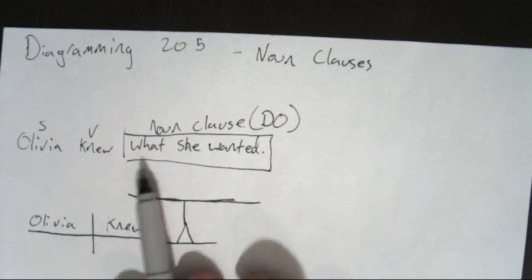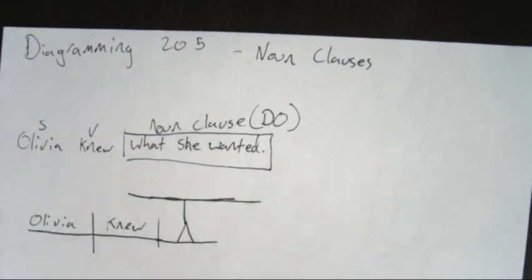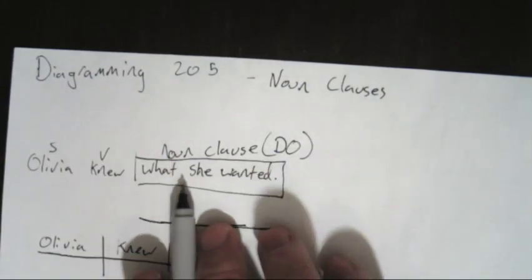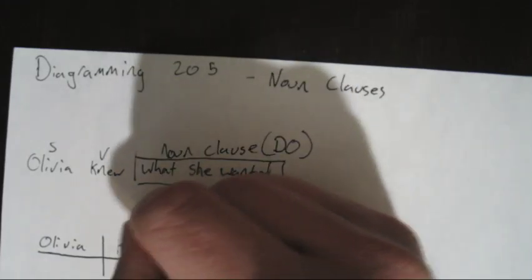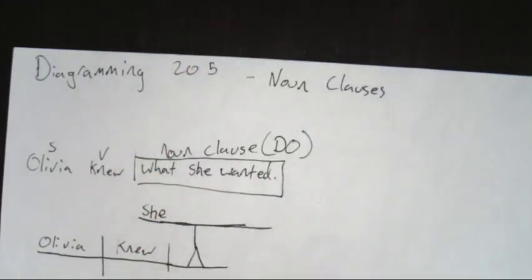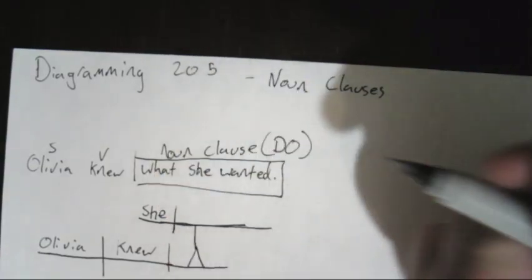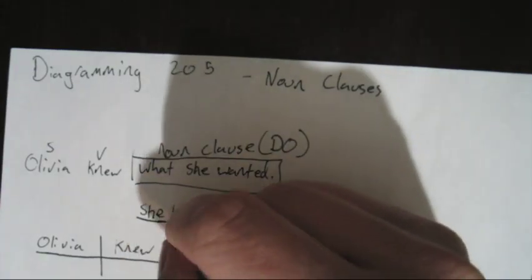Okay, what's the subject of the clause? Well, if you figure out what the verb is, sometimes that's easier, right? What's happening? What's being done? Wanted, right? Wanting is what's happening. Who wants? She wants. So she is the subject of the clause. All right, well, after she, we can draw our vertical line. Wanted is our verb.